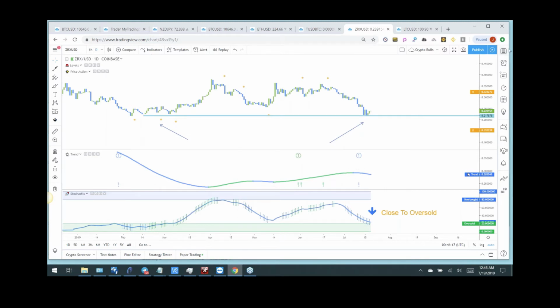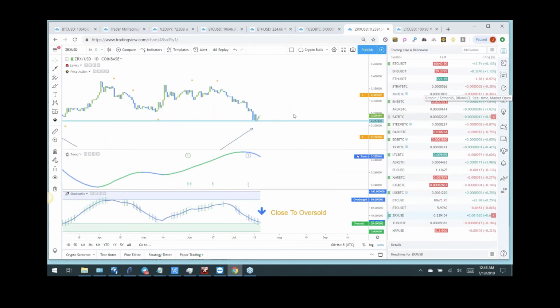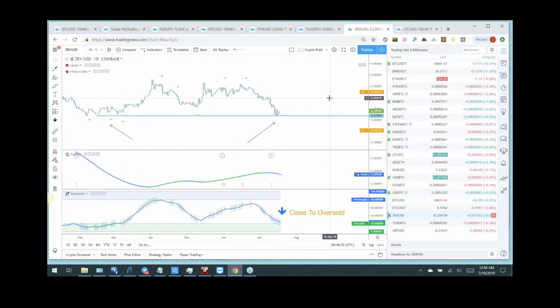So that's the value of these tools, because if you didn't have these tools, you wouldn't be able to set the right expectation for the trade. And it's always good, before you place a trade, to look at how long you should be in this trade and when you're looking for this trade to reach its objective.